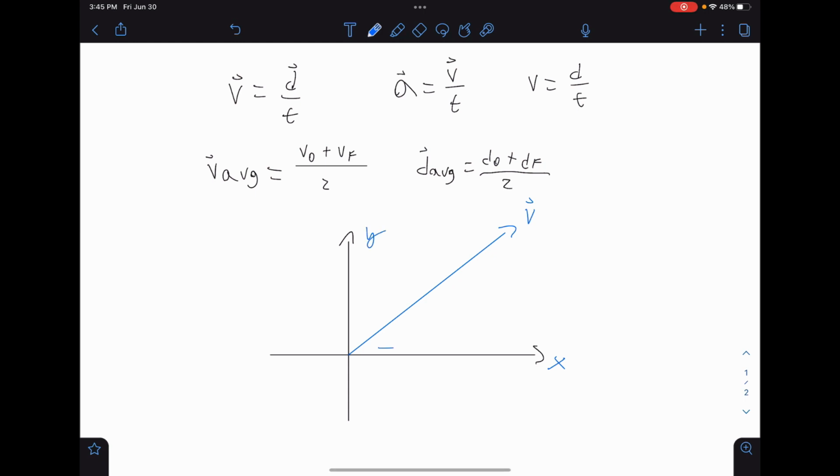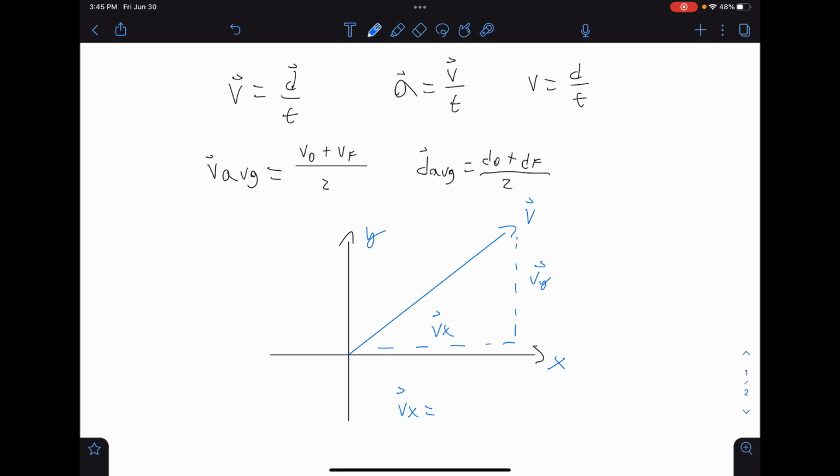So I went some distance in the x direction. Okay, we can stop now. We ended here, right? But I also went some height in the y direction. And that means our velocity has a component to it in the x direction and a component in the y direction. And we can actually calculate these components using trigonometry. So what if I wanted to find the x component of velocity?